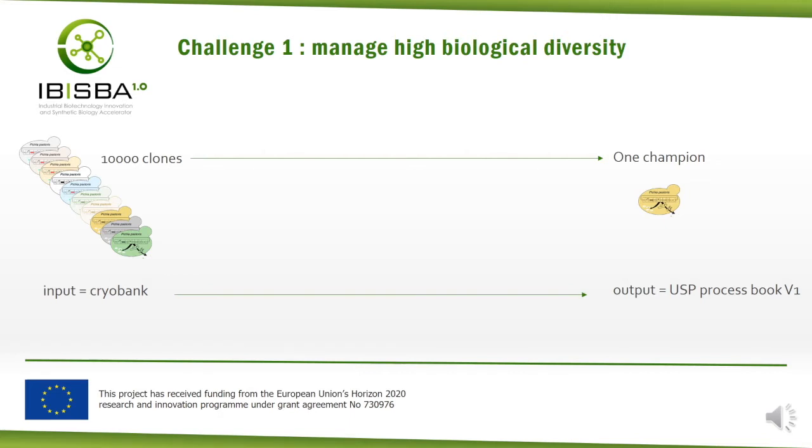But this opportunity can turn into a nightmare if you have to determine which strain among 10,000 candidates will be the most efficient in 2 years in the process. The approach must allow choices to be made while minimizing the risk of choosing the wrong racehorse.